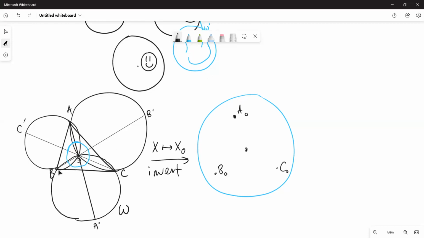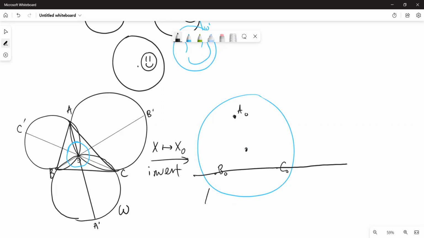So the circle B, C, A prime. Well, first of all, we know it goes to a line. So we just have to see 2 reference points to know where the line is. B gets inverted to B naught, C gets inverted to C naught. The circle passes through B and C, which means the image must also pass through B naught and C naught. And we know it's a line, so it's just this line.